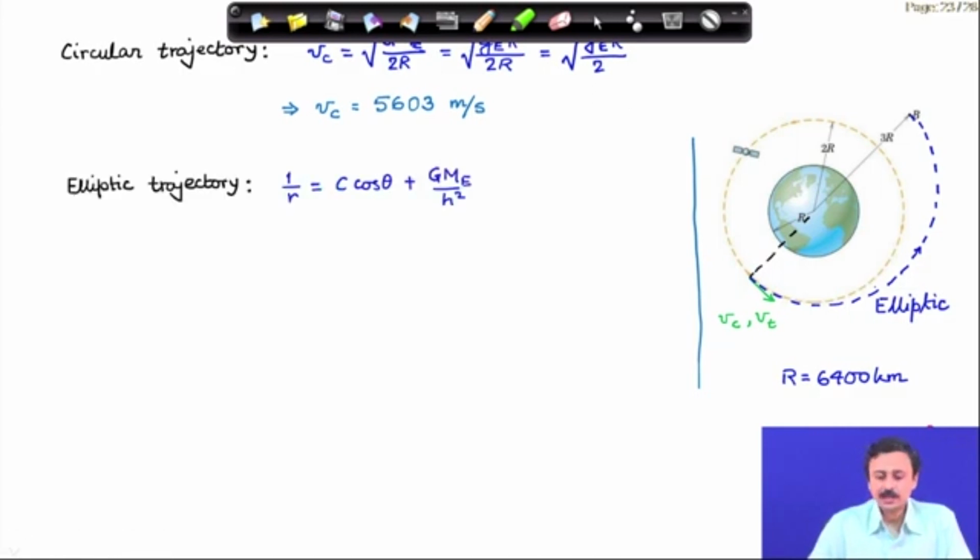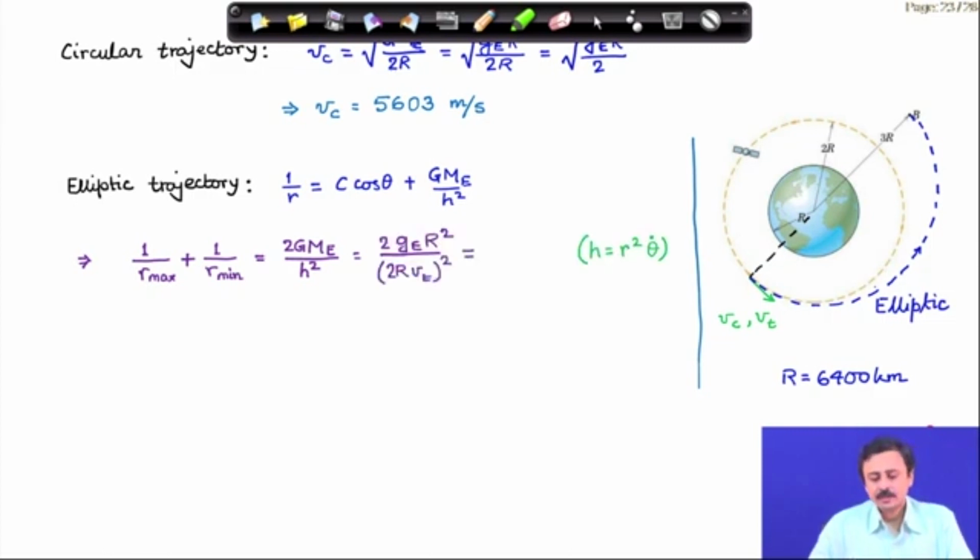For the elliptic trajectory, we know this solution. This follows from the kinetics, and we have derived from here that 1 by r max plus 1 by r min is 2 G mass of earth by h square, and if you again replace capital G into mass of earth as g e r, radius of the earth square, and h square, which is the angular momentum per unit mass, as 2 r into v t, because why 2 r?